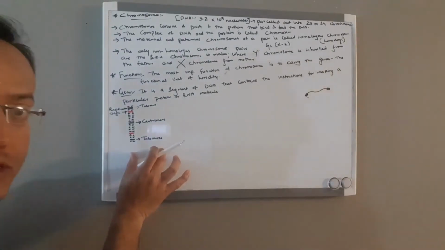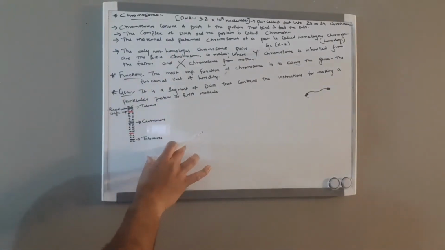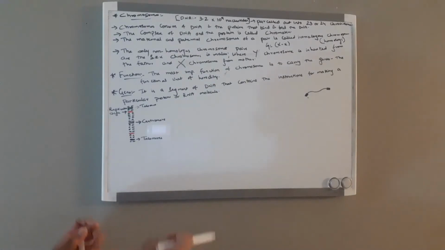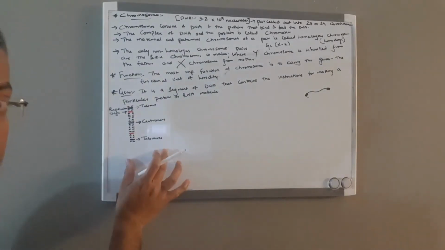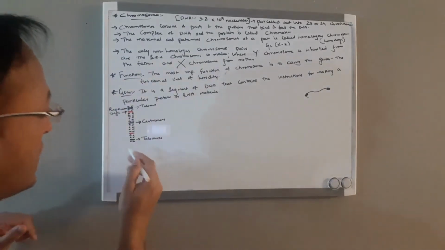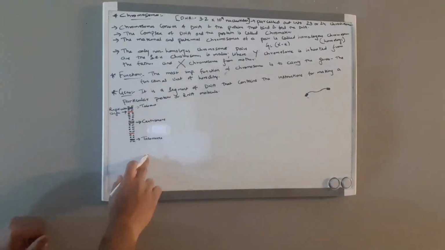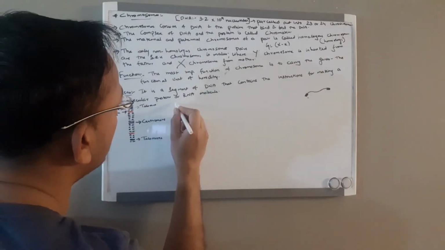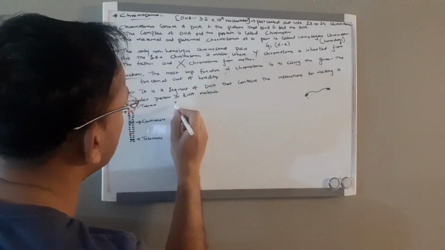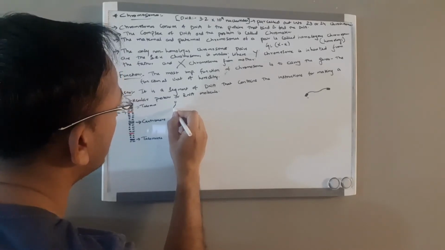I will show you the process of how the chromosome is separated into two during the cell cycle. So this is our one chromosome, during the interphase. What happens next, I will show you. Let me see how I can draw this.